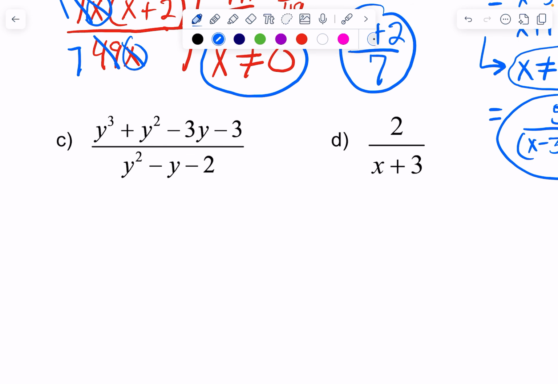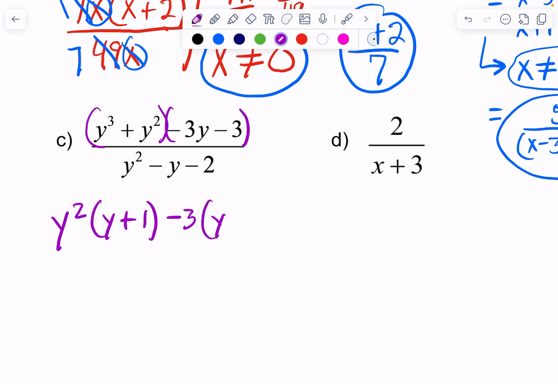Next, let's factor. Remember that when we have 4 terms, we're going to factor by grouping. So we're going to group this. We're going to factor out a y squared here, leaving me with a y plus 1. I can factor out a negative 3 here, leaving me with a y plus 1. I factor out my common binomial of y plus 1.